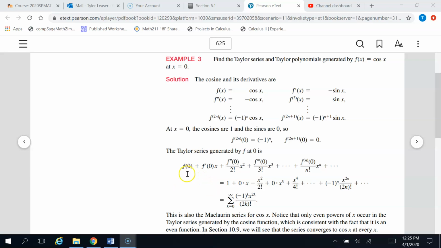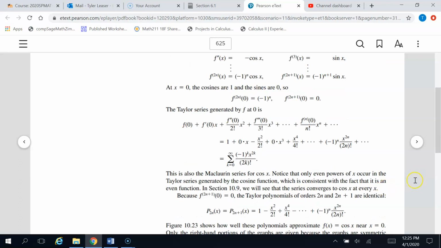Notice that f of 0 was just a positive 1, but my second term, which has the first derivative, an odd derivative, is going to multiply out to be 0. Here, the next even derivative, the coefficient of x squared, is actually negative, and then x squared divided by 2 factorial would be that term. My third derivative is going to have a 0. An even derivative is going to have a number, and so on and so forth.